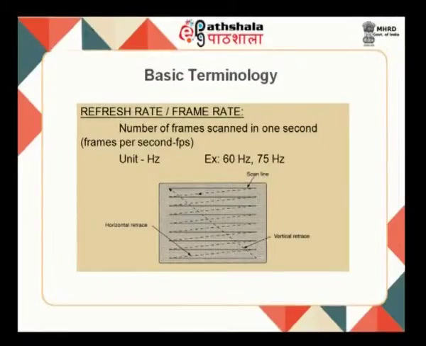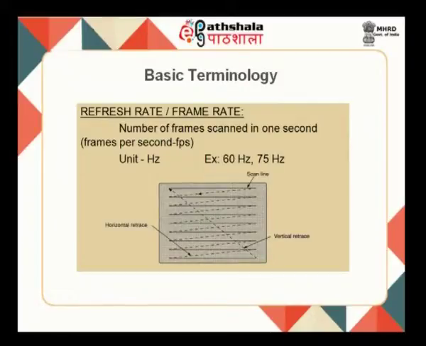So, it displays the same image 60 times a second. It redraws the image 70 times a second, 75 times a second, and so on. Your monitors have these settings, and you can change them, like a 60 Hz monitor or 65 Hz, 70 Hz, 75 Hz, because the refresh rate is measured in Hz.